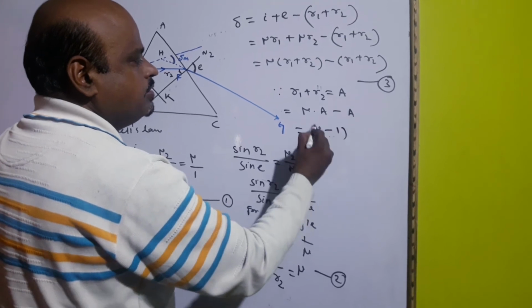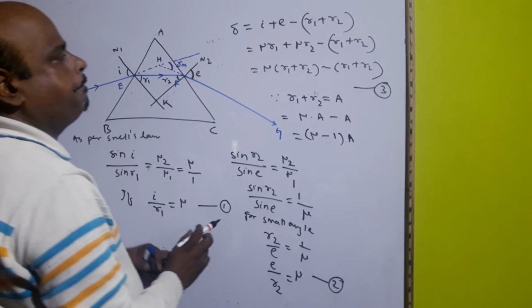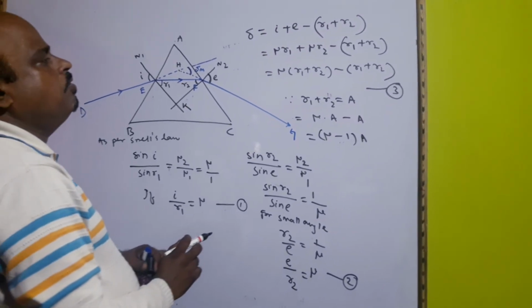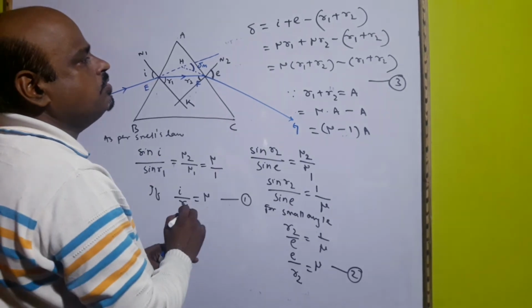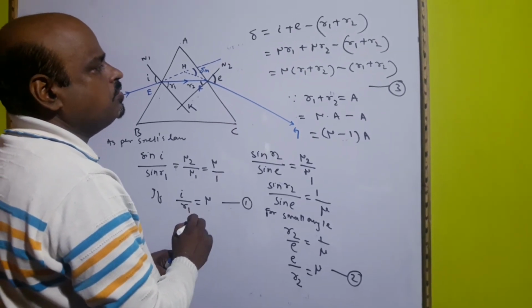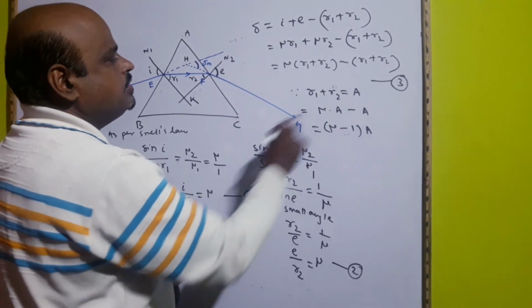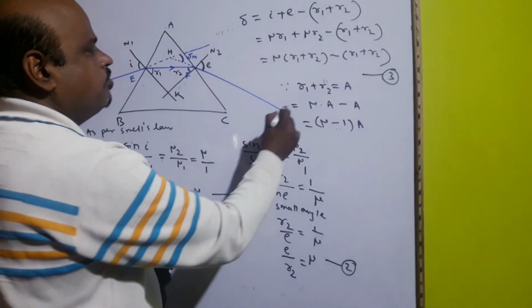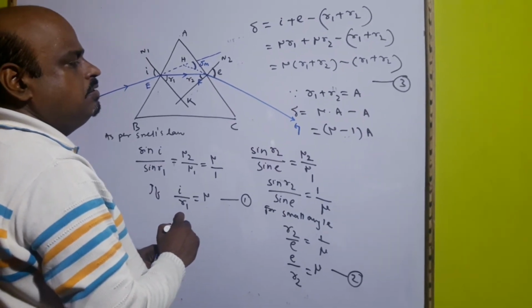Look at here: mu R1 plus mu R2 minus (R1 plus R2), that is mu A minus A, equal to delta.